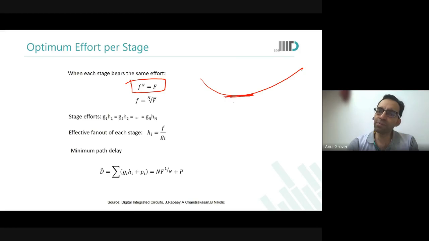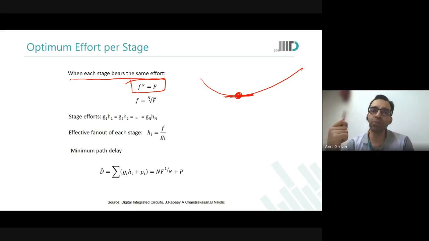That usually happens when you distribute the effort equally on all the stages, so each stage bears the same effort. That is when you will have the most optimum effort of your system. Each stage giving equal effort is the most optimum situation.